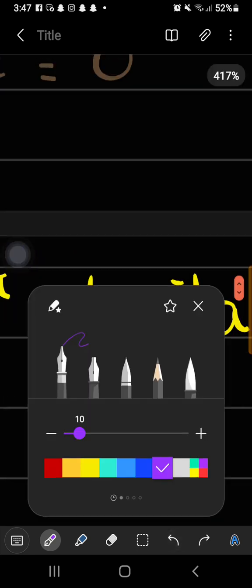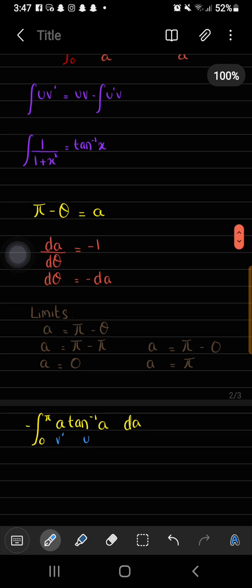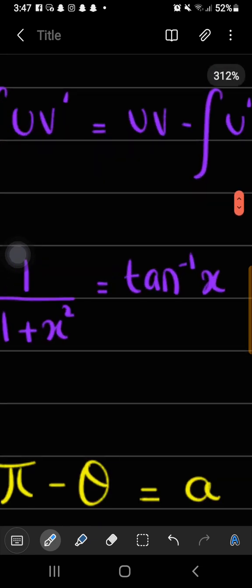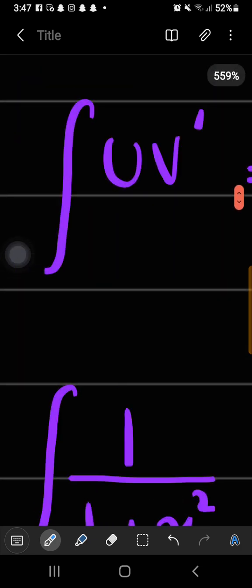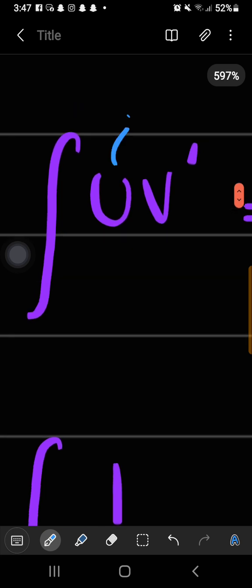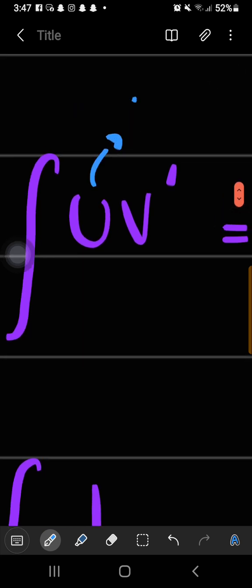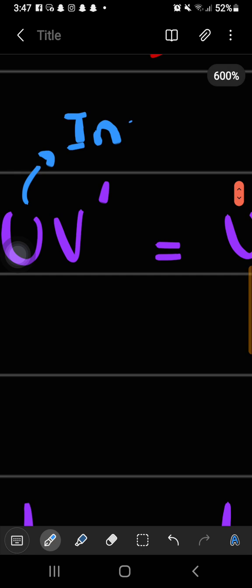It will always be u. So this is u. Let me do it now with blue. This is u and this is v prime. Look at this. This is u and v prime. So u will be what function? Inverse function.